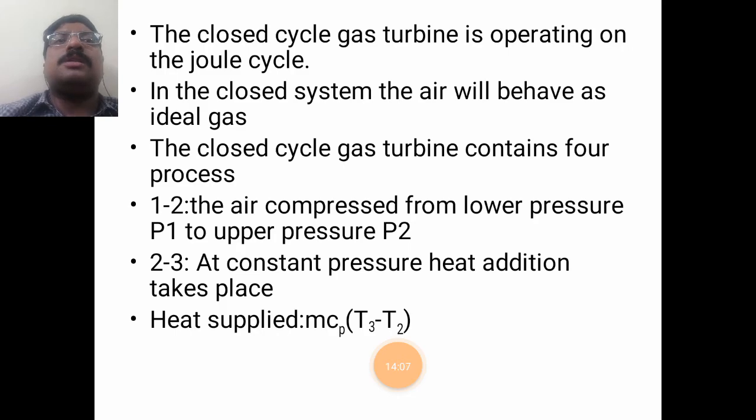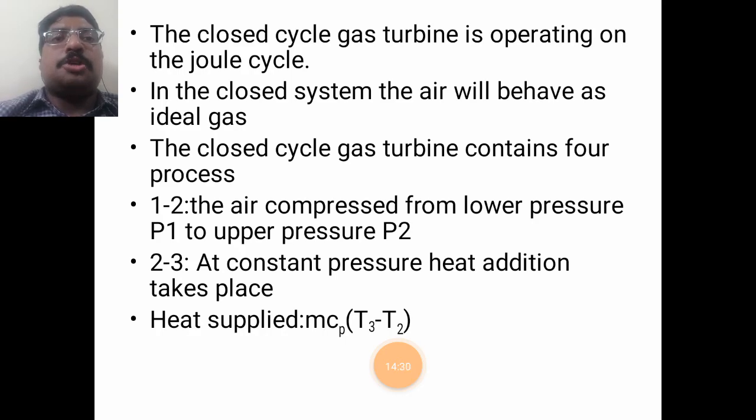In a closed system, the air will behave as an ideal gas because the same air is circulated throughout the cycle. In the closed cycle there are four processes. Process 1-2 is adiabatic compression from pressure P1 to P2.